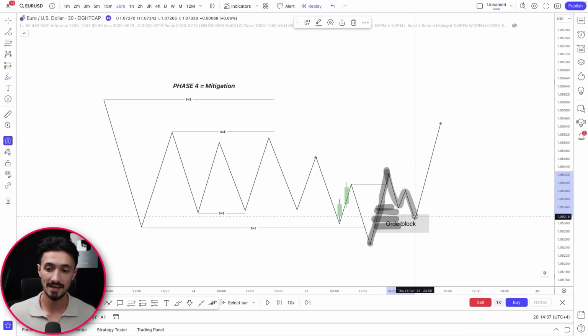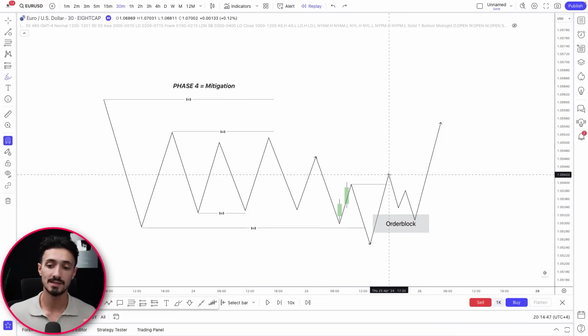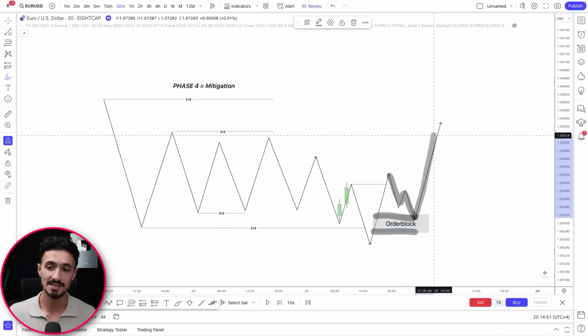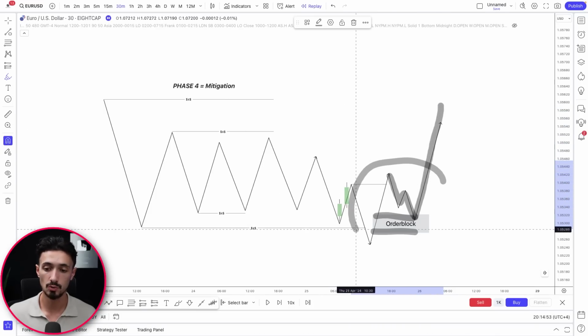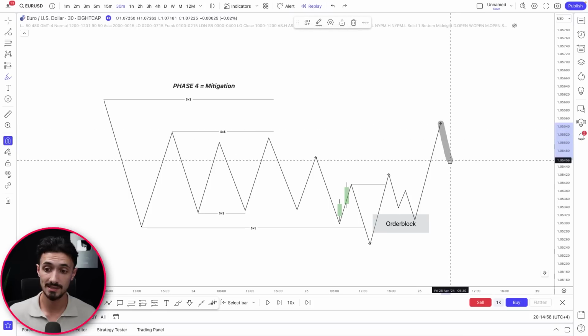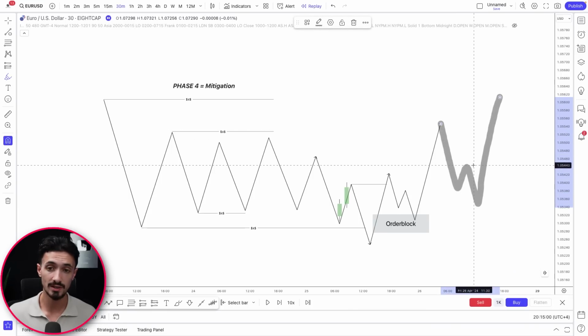When price comes back, as it naturally will, as sellers enter back into the market, price will return to the area in which they can do two things: close their losses from their sell positions, and put their other orders back into the market to continue moving price. So now they've got two sets of their orders in. And this is a process that they will do continuously until eventually they have completed their objective.